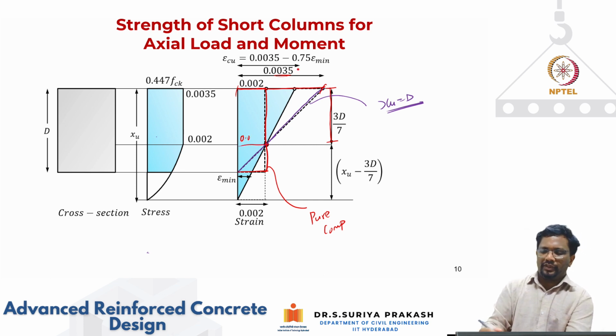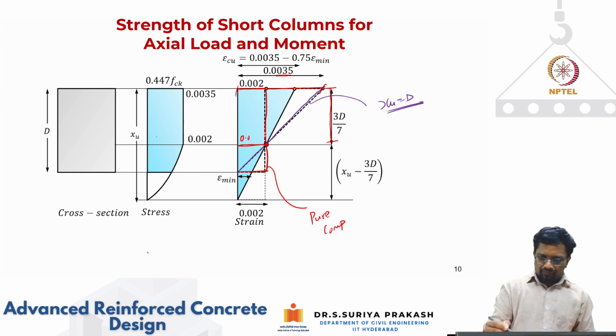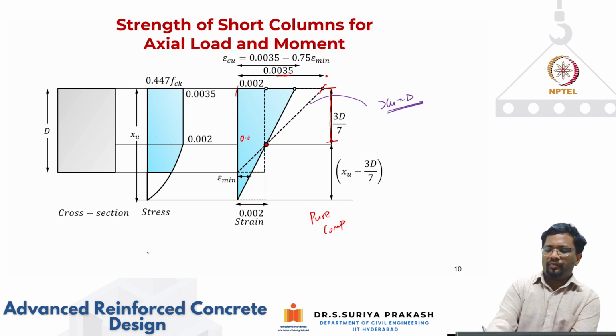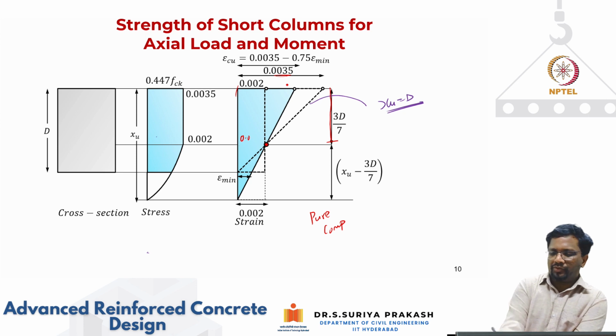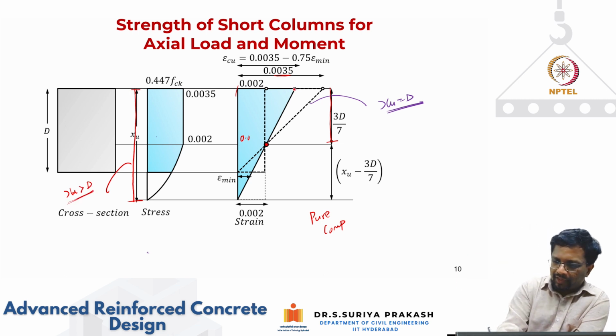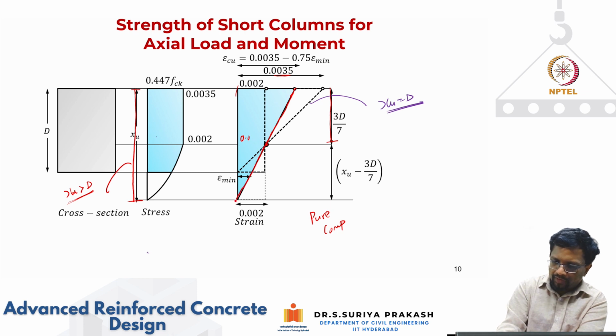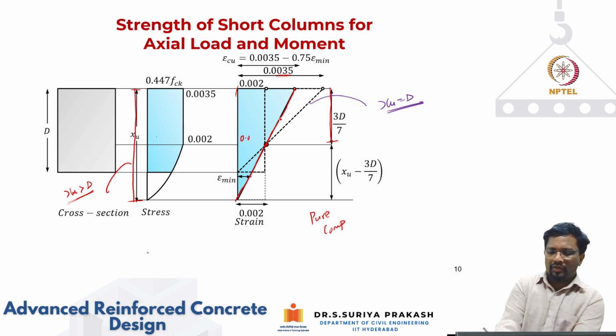So what the code is saying is that when xu becomes more than the depth of the section, for example, let's say this is your xu, in this case xu has become greater than the depth of the section, the strain has to pass through this fulcrum point of 3D by 7, where the value should be equal to 0.002.